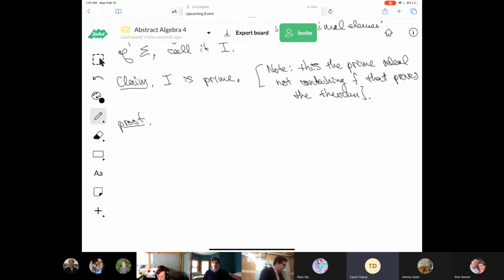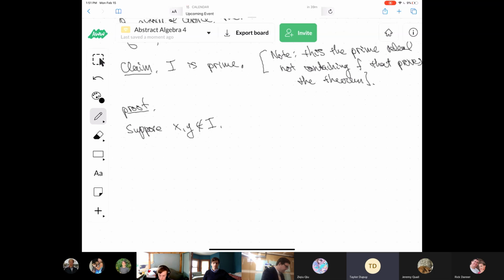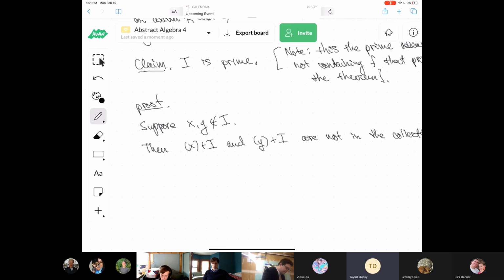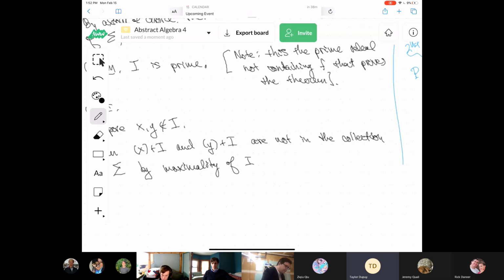Okay, so let's do the proof. Suppose x and y are not elements of I. Then x plus I and y plus I are not in the collection sigma by maximality of I with respect to this property.